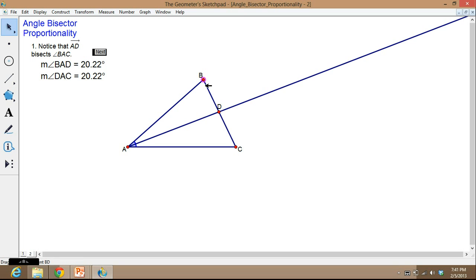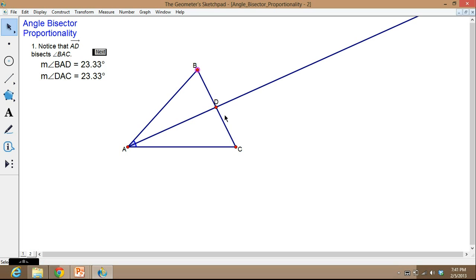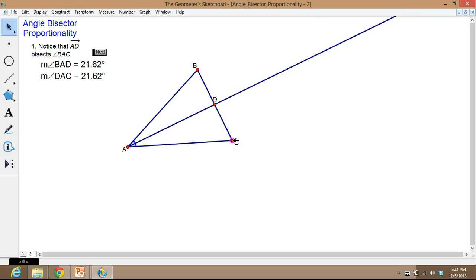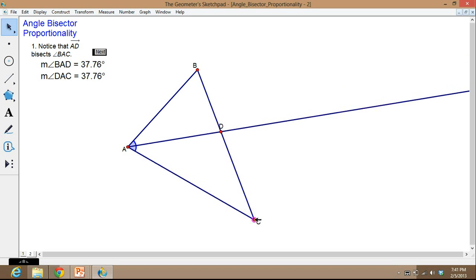And just to make things interesting, I'm going to grab B. I'm going to grab C now. And I just want to make it clear that BD is not the same size as DC, but the angles are still bisected.